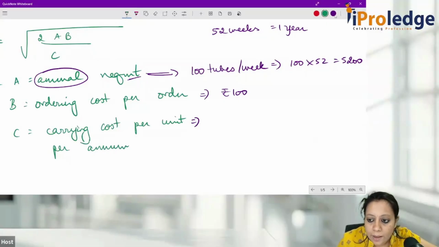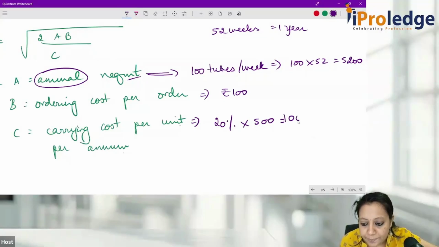Now they have said it is going to be 20% as per the third row. Many people are taking only 20%. That is why I'm saying carrying cost per unit per annum. What is the per unit cost given in the fourth row of the table? That is going to be 20% into 500. So how much is that? 100. Okay.